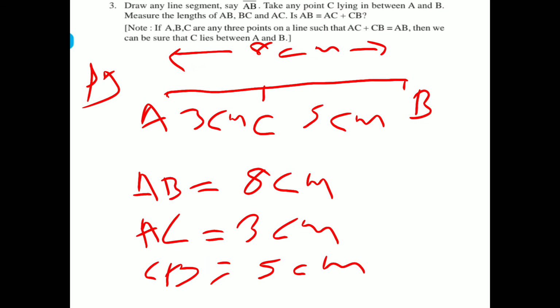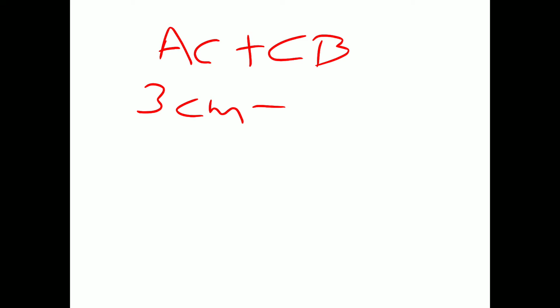Then they said measure the length, we have already done that, and you have to see if AB is equal to AC plus CB. Now what do we do? We will add AC and CB. AC is 3 centimeter and CB is 5 centimeter.